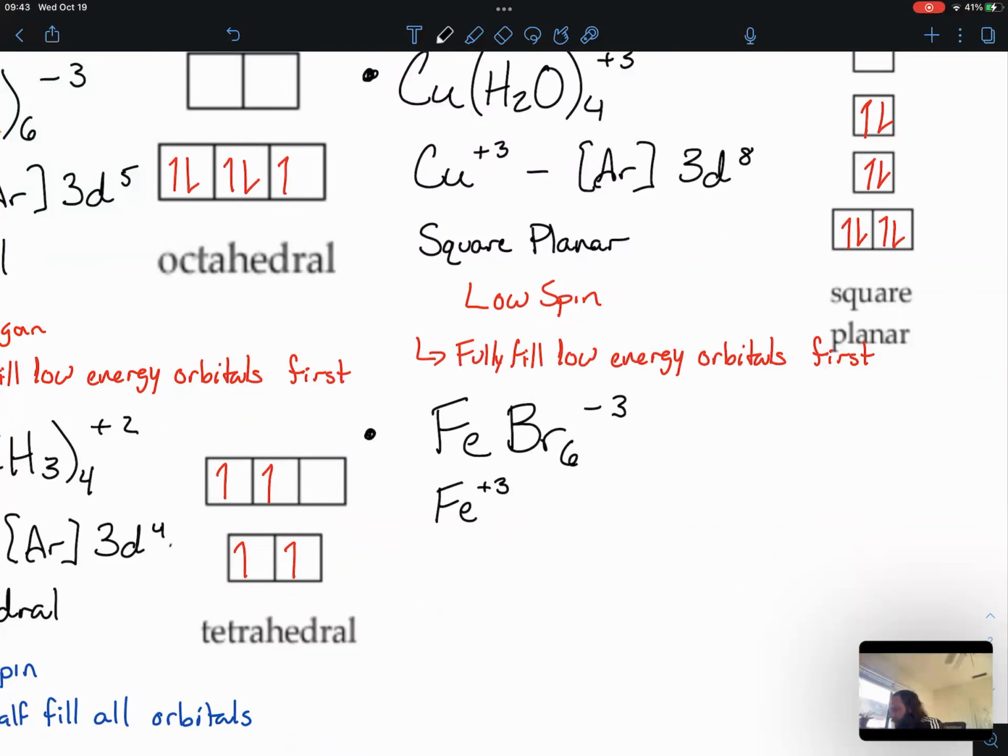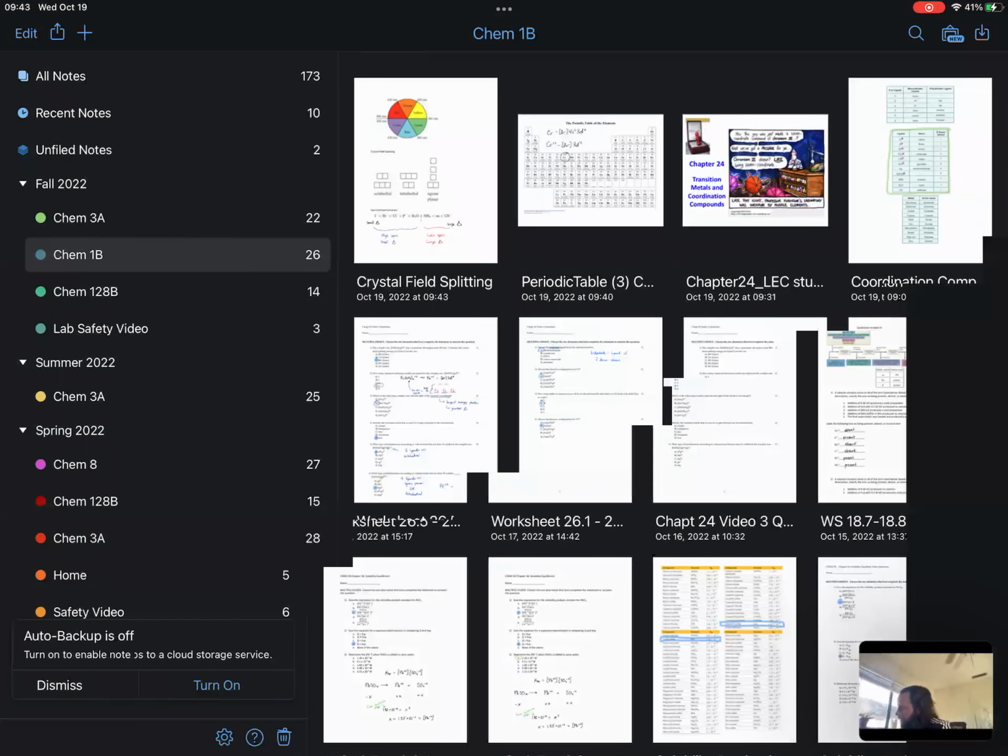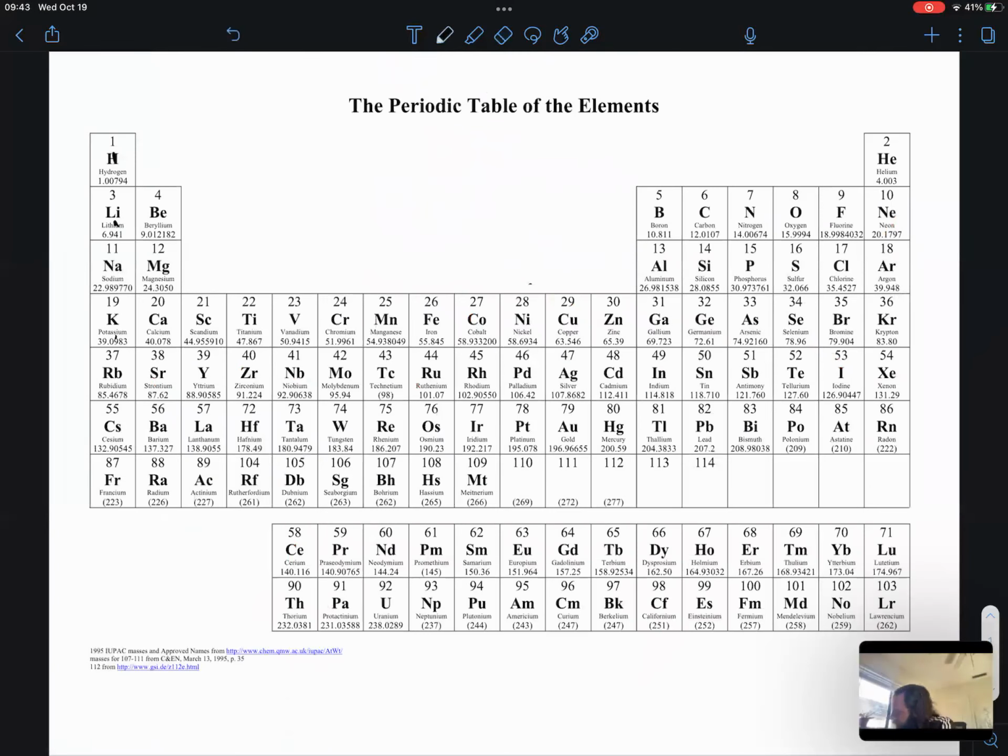All right, and now going to my periodic table, I've got to figure out the electron configuration for that iron ion. Iron all by itself has an electron configuration of argon 4s2, 3d6.